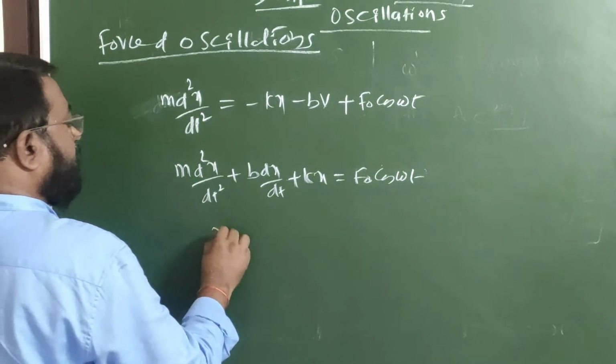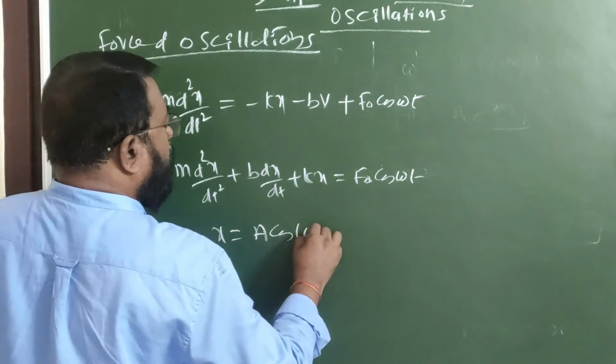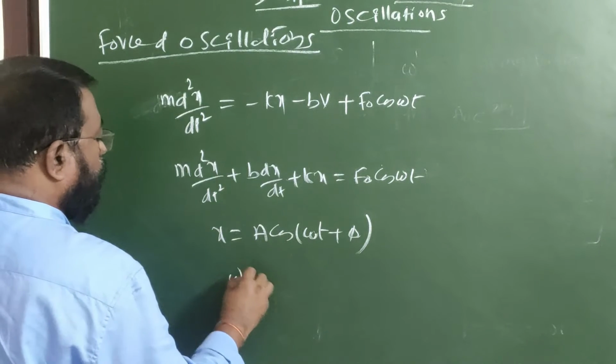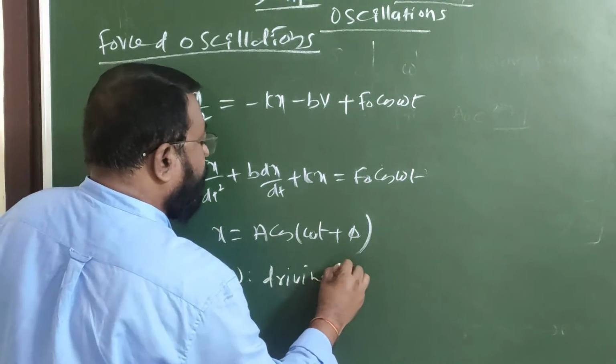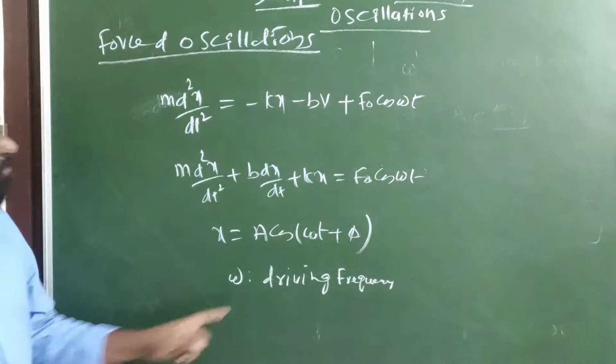Therefore, the solution for this equation is x is equal to A cos of omega t plus phi. Here omega is nothing but the driving frequency.